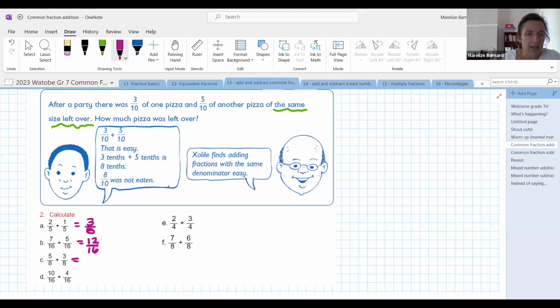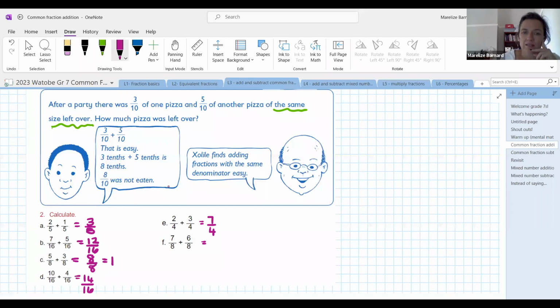5/8 plus 3/8 gives me 8/8, which you could have said is a 1. And then 10/16 plus 4/16, altogether I have 14/16. And then 2/4 plus 3/4, altogether there are 5/4.